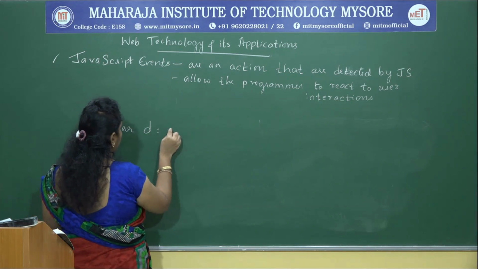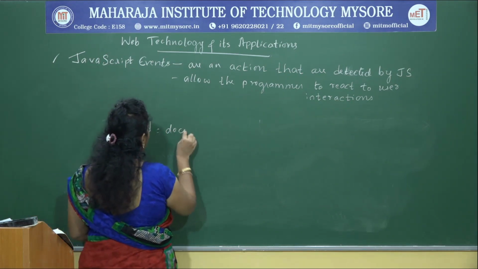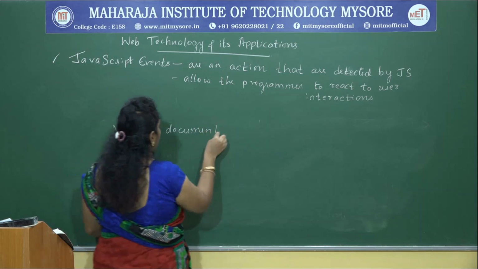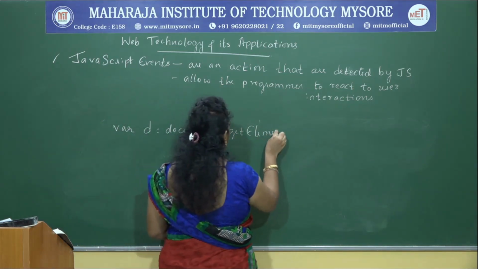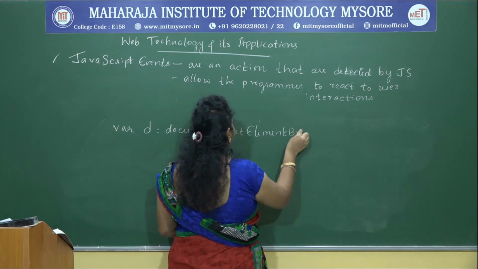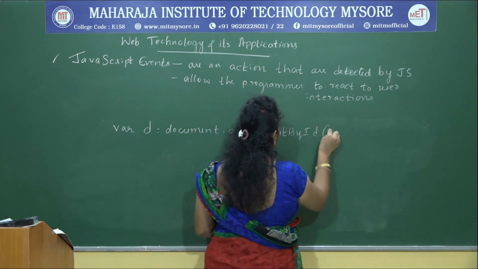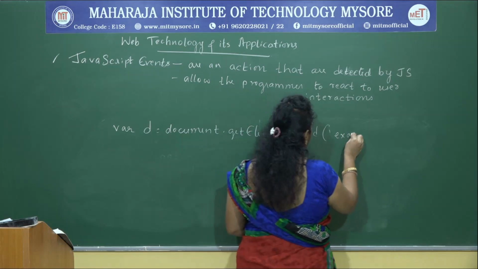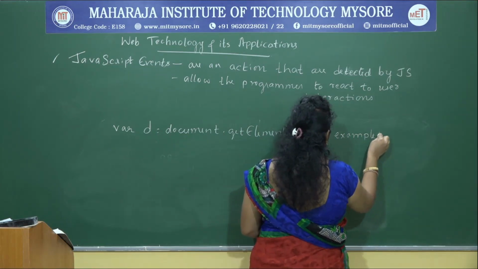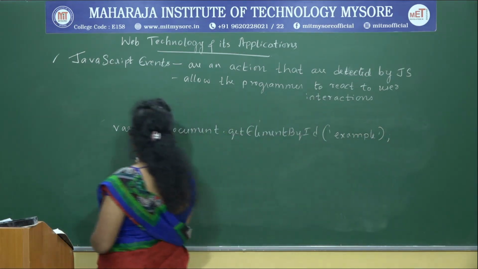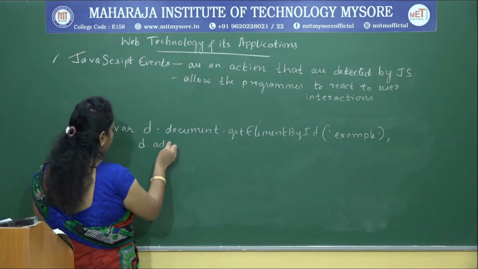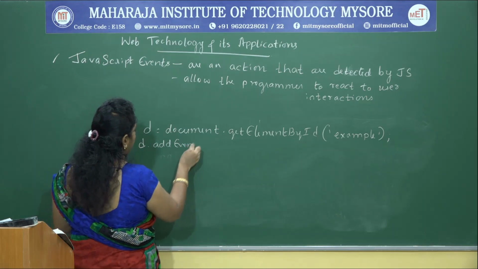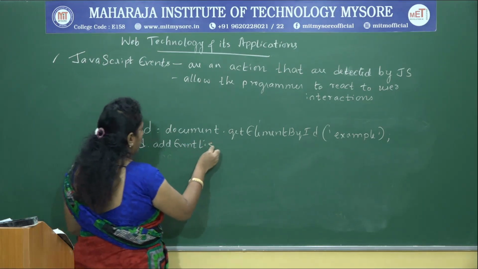D equals document.getElementById. The ID I am passing is example. Then D.addEventListener.